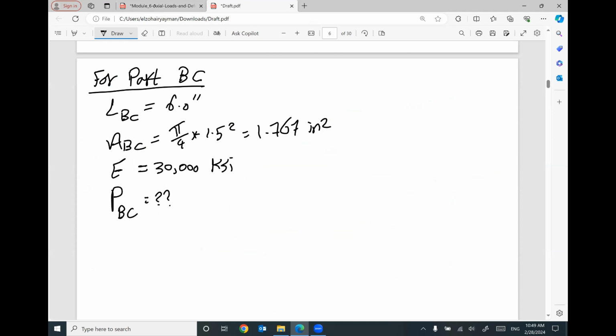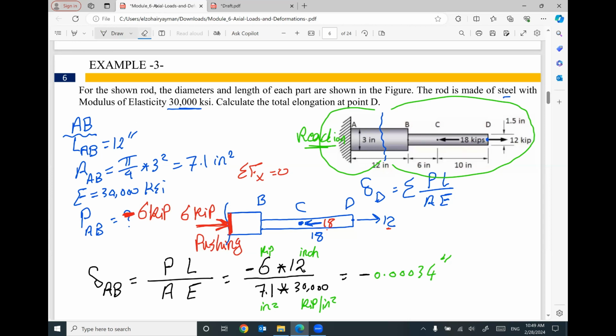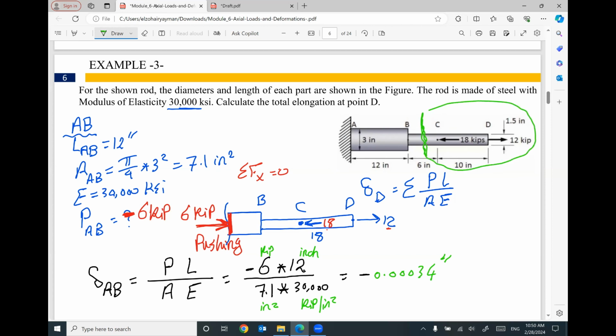This is the question. To figure out the force in part BC, I will do another cut in part BC and I will use the right part. Both of them will give you the same answer if you use the left or the right. But on the left, I have reactions at A because it's fixed. I don't care about this one.